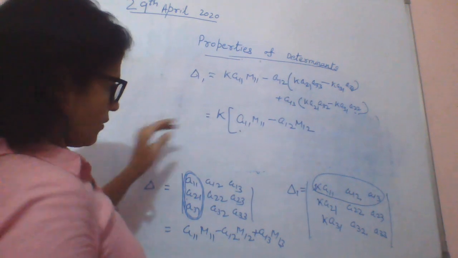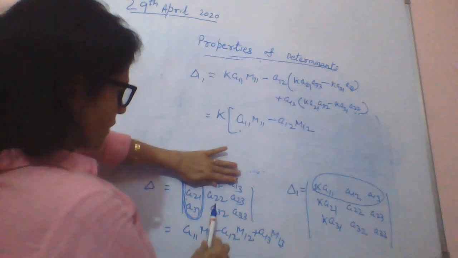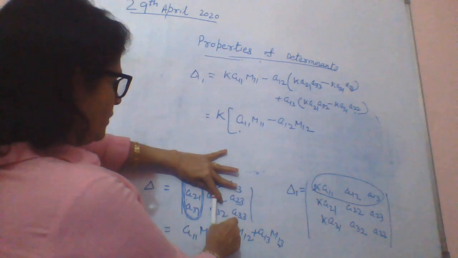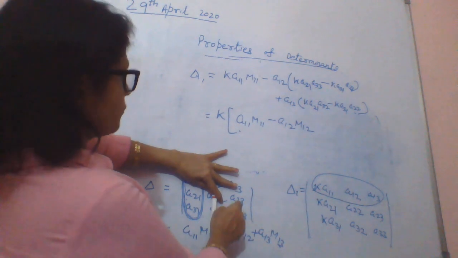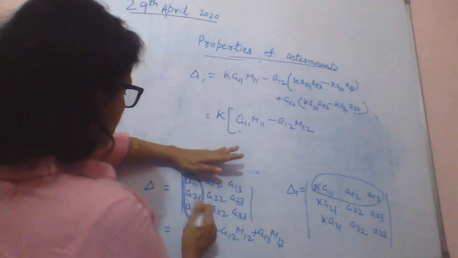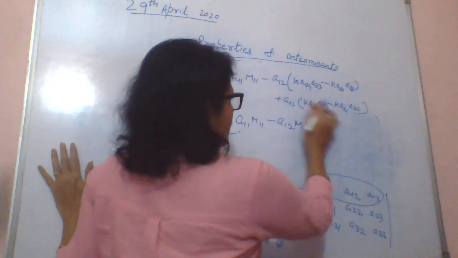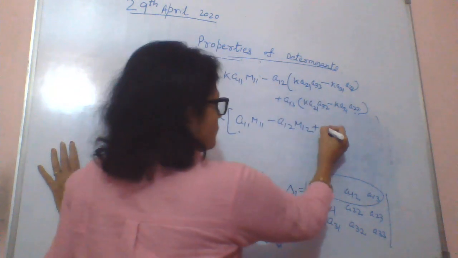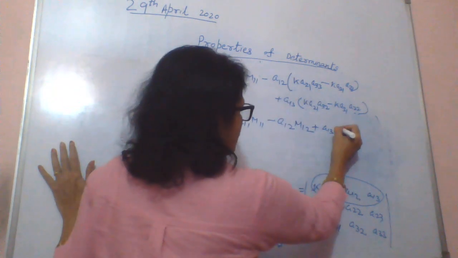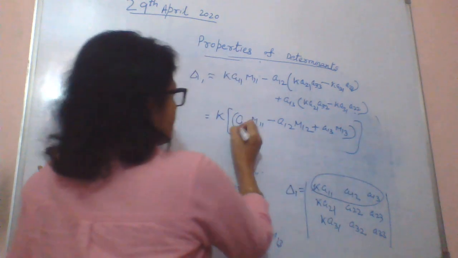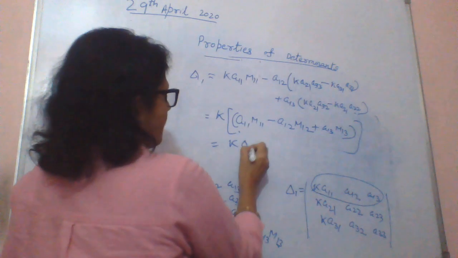M12 is basically A21 into A33 minus A31 into A23, and plus again we have taken K out, so it is A13 into M13. So we are getting K into delta.